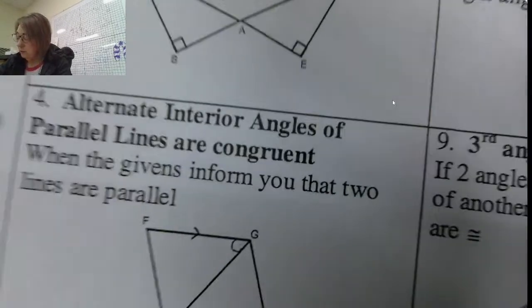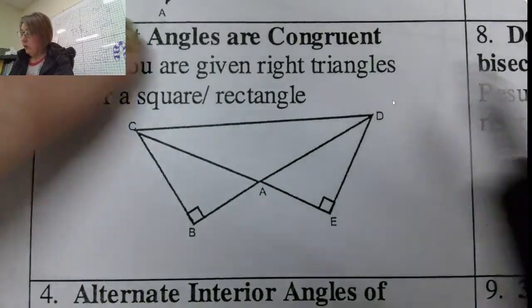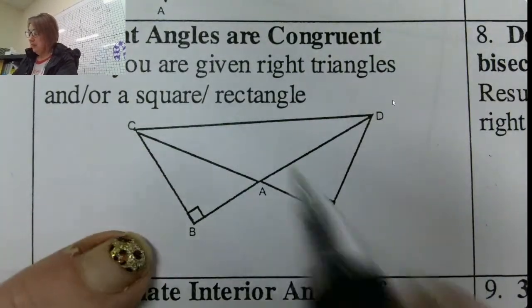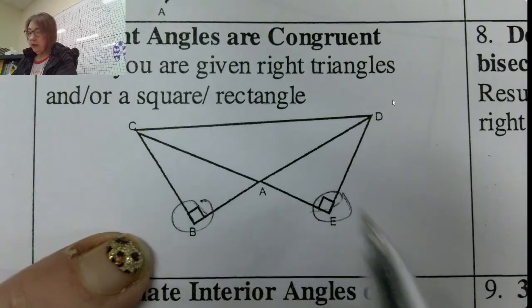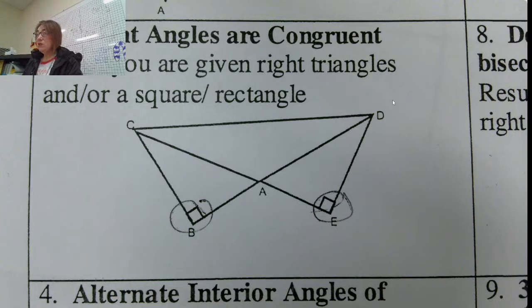So if we look at this one, if you have this diagram right here, and this is marked, and this is marked. Now tell me what that marking means. That means 90 degrees. Guess what we know about angles that are 90 degrees? If they're both 90 degrees, what conclusion can you draw about those two angles?